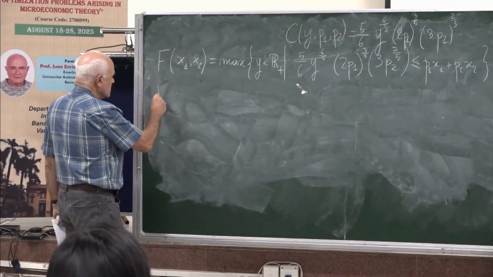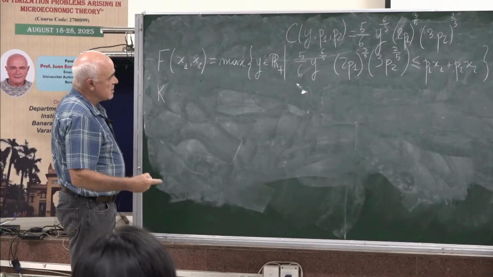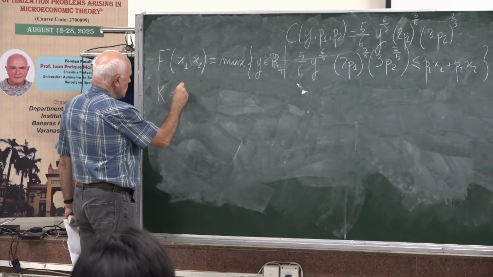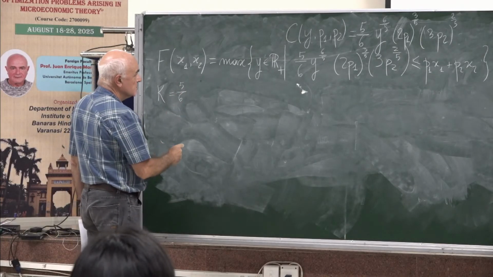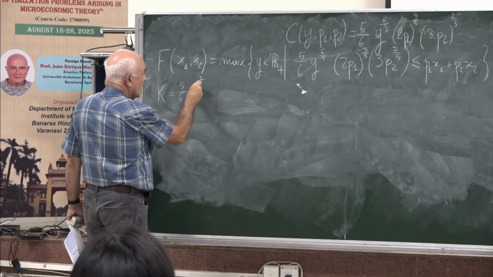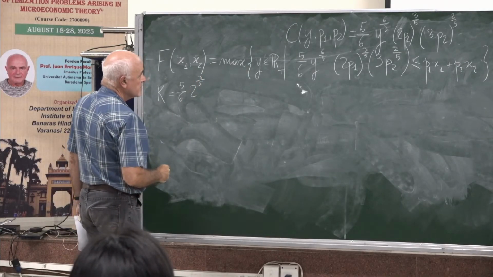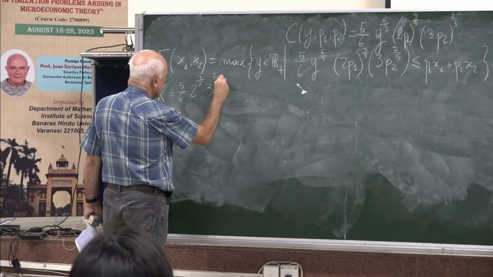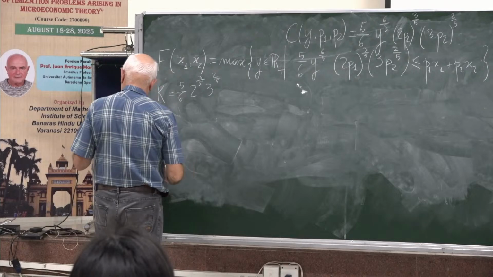So let me move all the constants into one single constant, which I will call k, which will be 5 over 6, 2 to the power 3 over 5, and 3 to the power 2 over 5. Okay.